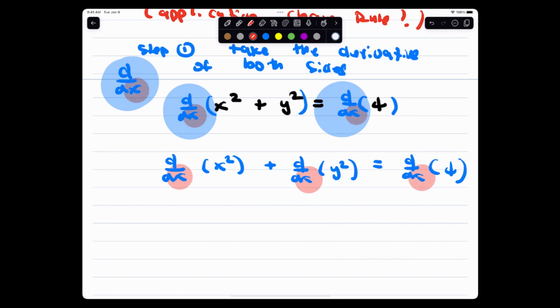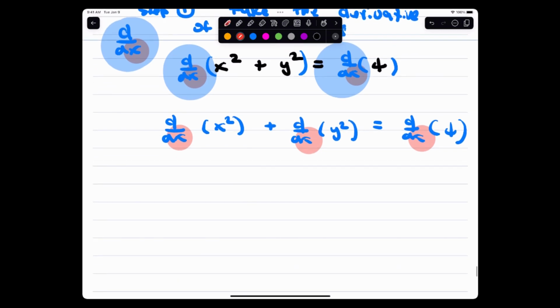This is d dx, which means you're differentiating with respect to the x variable. First of all, let's do this here. The derivative of x squared is 2x, ladies and gentlemen. What's the derivative of any constant? 0.